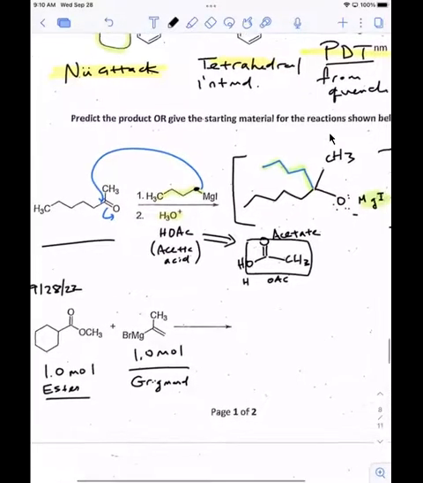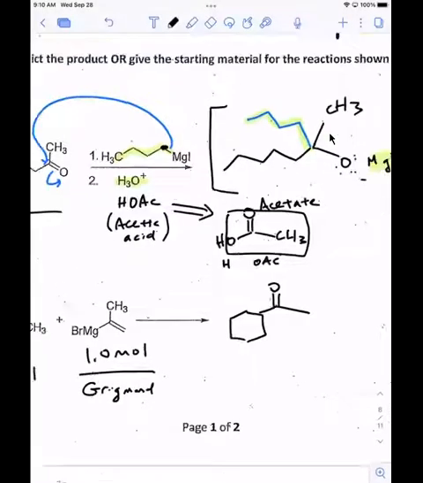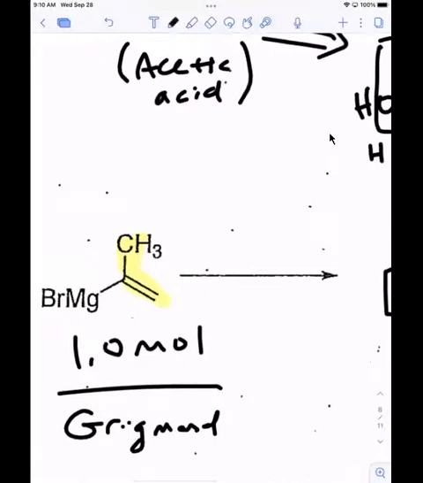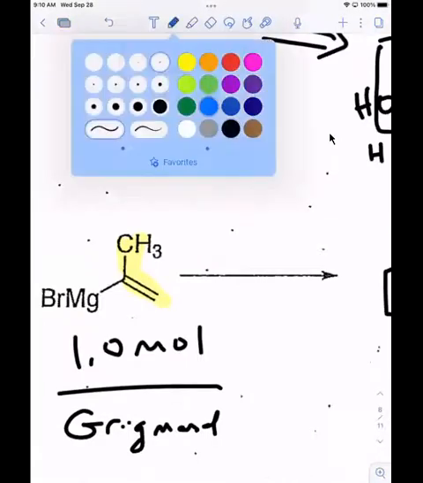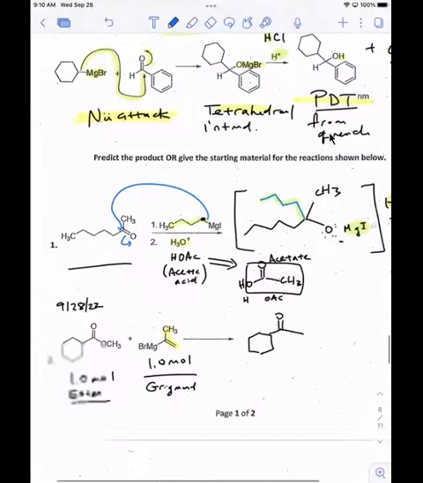Do you want to take a stab at what the ketone is going to look like? We know this part here is not going to change. The question is, what's on the other side of the carbonyl? Is it the CH3? It's actually going to be this whole piece right here. Remember, it's the carbon. That's good, though. It's the carbon here that's the nucleophile that's bonded to magnesium.